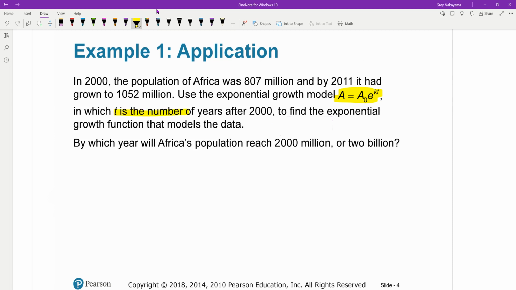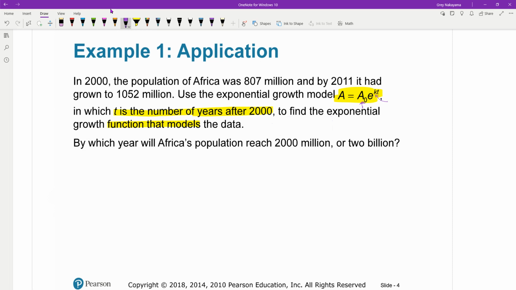And remember, I'm always really big about paying attention to those labels because it just makes it easier to know where to plug numbers in. Define the exponential growth function that models the data. So we need a function that models the data, and that means you're going to have to go find a number to put in right here for a sub 0 and a number to put in right there for k.